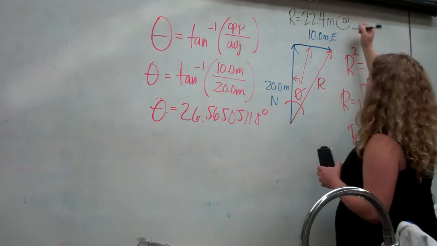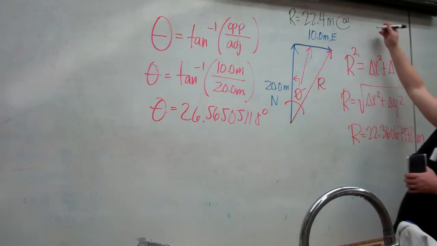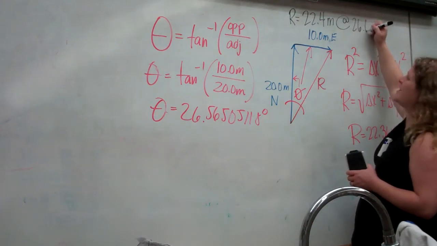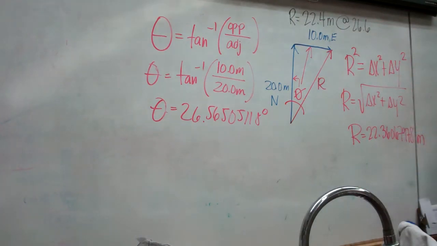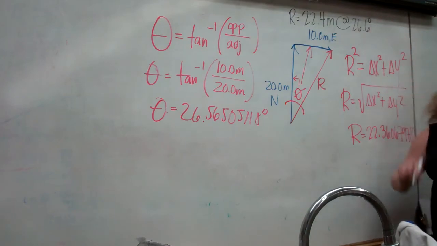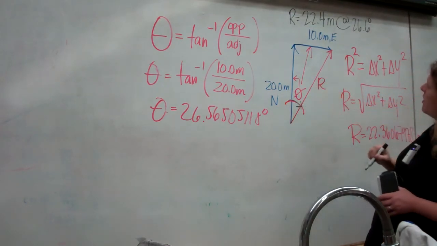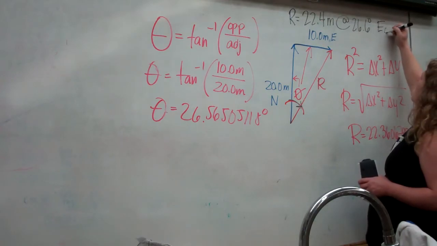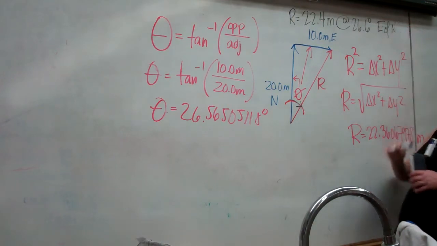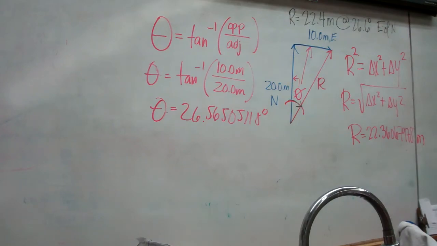And that is at a heading of 26.6 degrees what? East of north. Okay? We are coming east from north. Those are pretty darn easy. It's Pythagoras and a tangent.